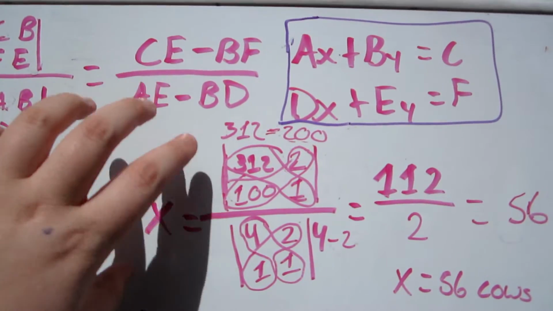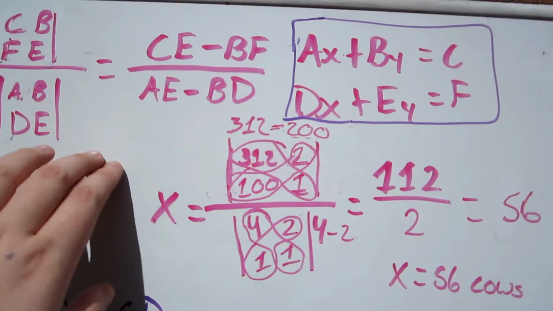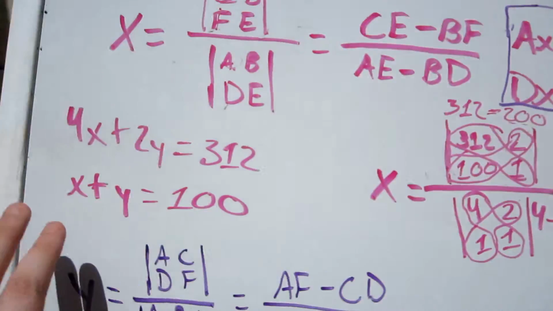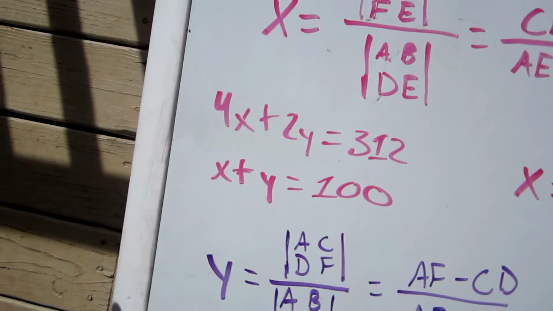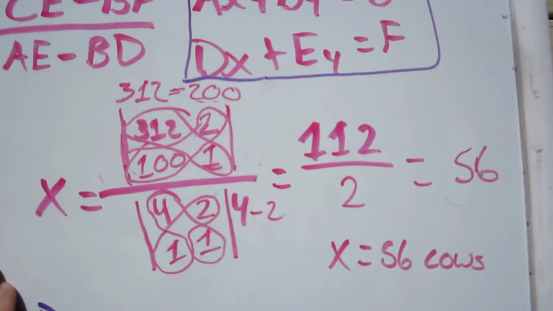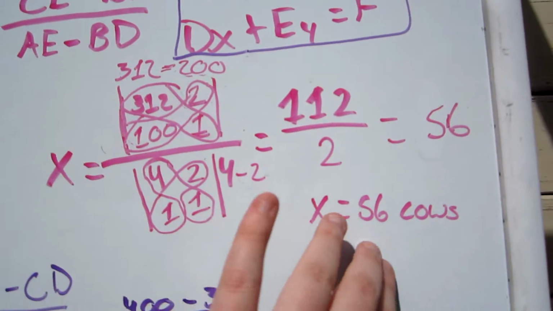We find the determinant of that, 312 minus 200, which is 112. Then we do A, B, D, E again, 4 and 1 and 2 and 1, as they correspond to our equation, because the coefficient of x and y is 1. So 4 minus 2 is 2. 112 over 2 is 56, so you have 56 cows.